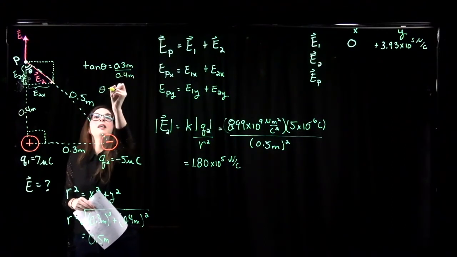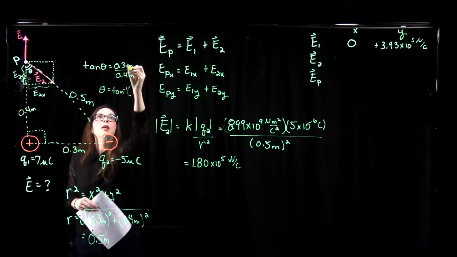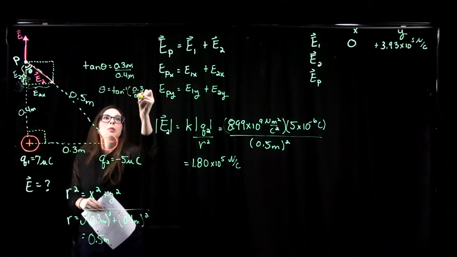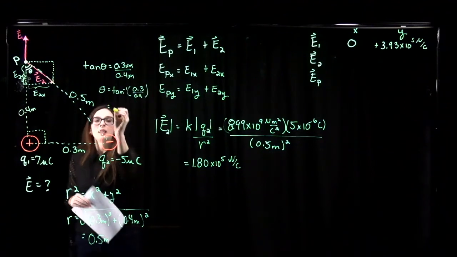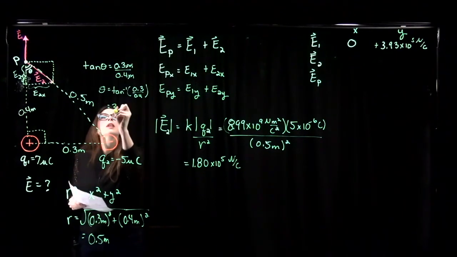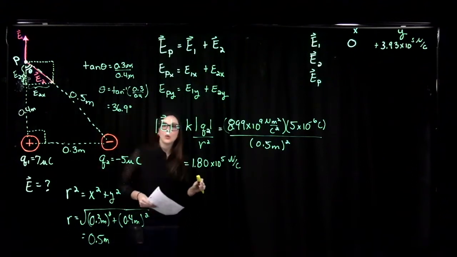So theta is the inverse tangent. Our meters cancel on top and bottom. 0.3 divided by 0.4. So this angle theta is 36.9 degrees.